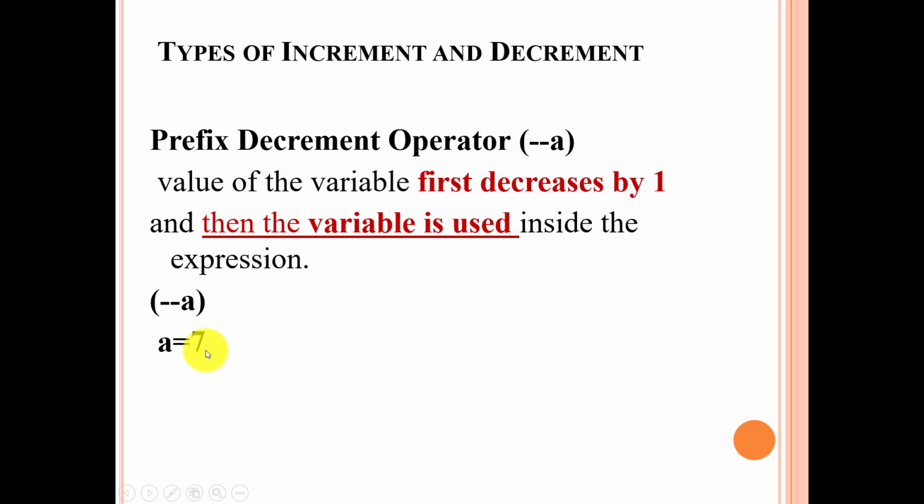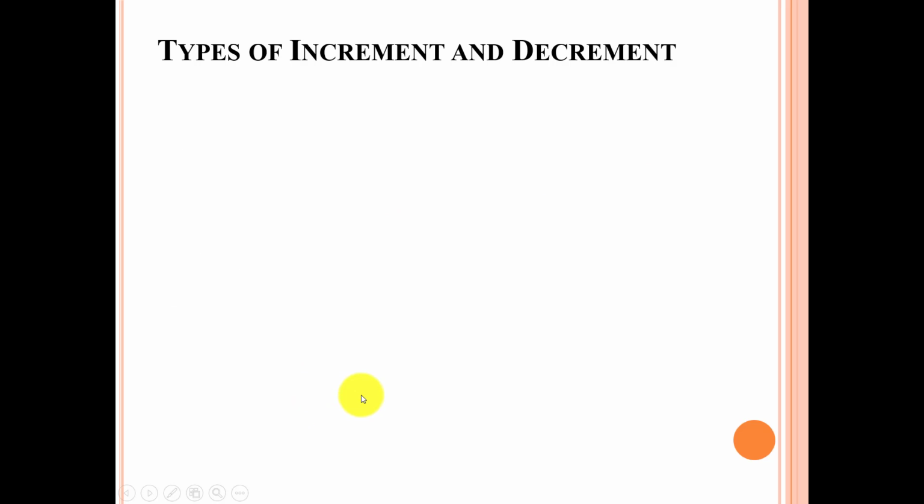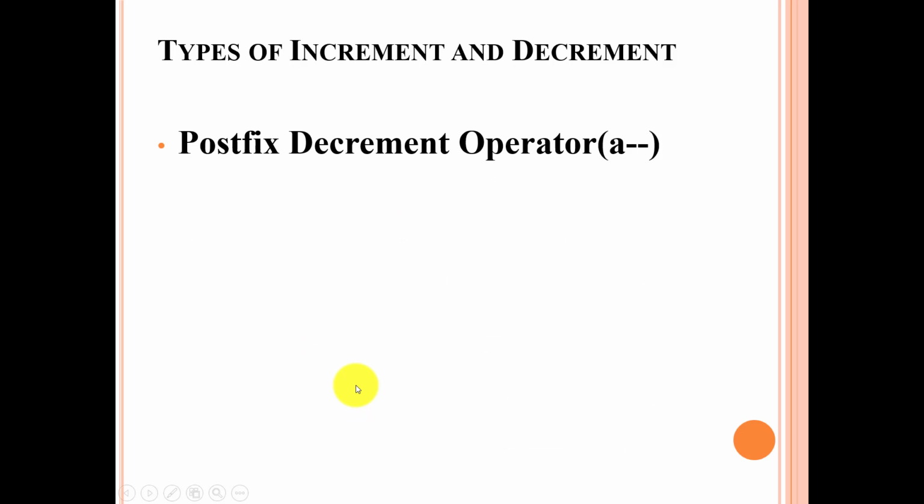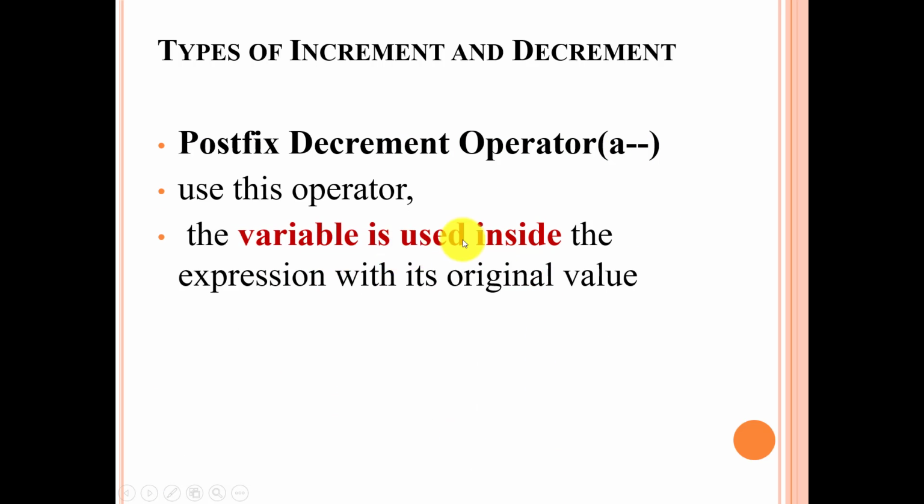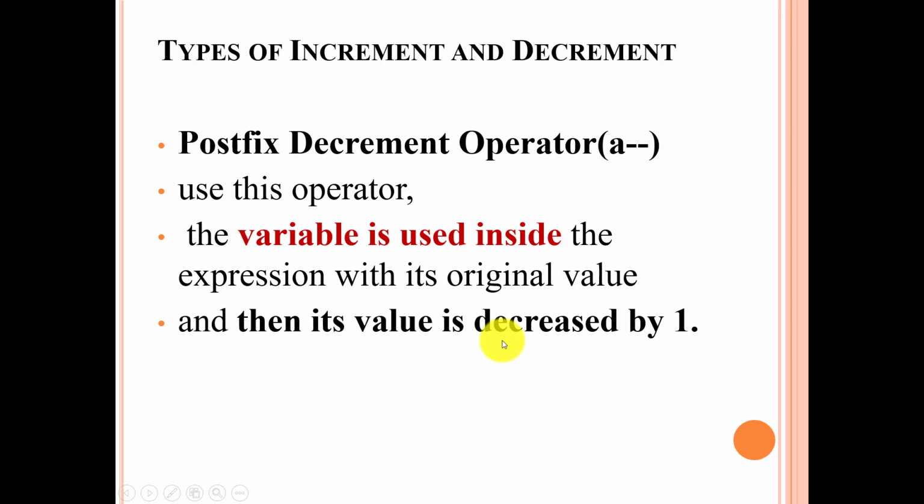Now a is 7, so it first gets decreased by 1 and becomes 6, and then 6 is used in the expression. Similarly, in postfix decrement, a minus minus, the variable is used inside the expression with the original value only, and then the value is decreased by 1. Now a is 6, and 6 is used as it is. After using 6, we decrease a by minus minus, so a becomes 5.